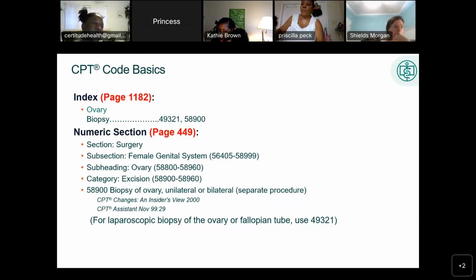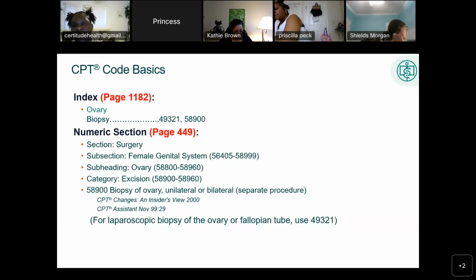And that's the only way you can code it. Well, this book is a little bit different because your main term can be your procedure or service. It can be the organ, it can be the condition, or it could be an abbreviation, like a synonym for that procedure.